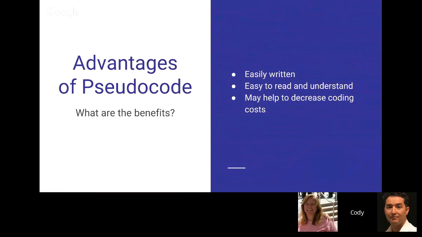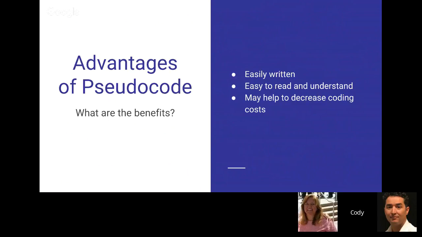So I'm going to go over some of the advantages of pseudocode. First off, pseudocode can be easily written in any text editor, and it's easily created and modified. Secondly, it's also easy to read and understand, so much so that it can even be understood by non-technical personnel, and they can read it and gain some understanding of what the program is going to accomplish.